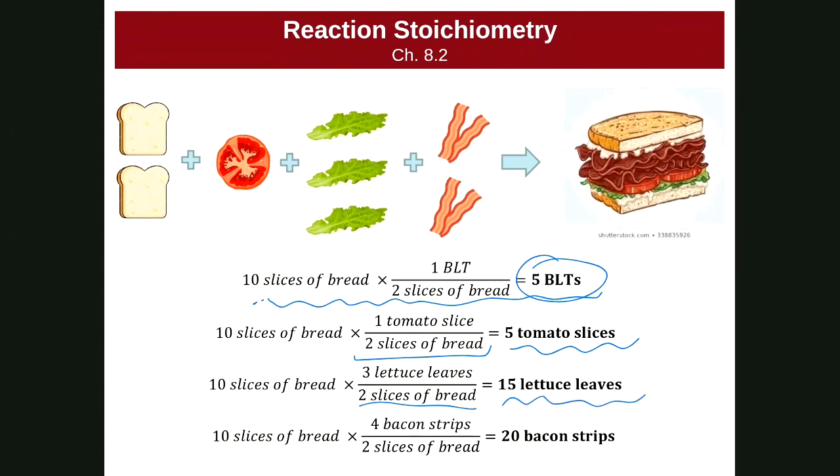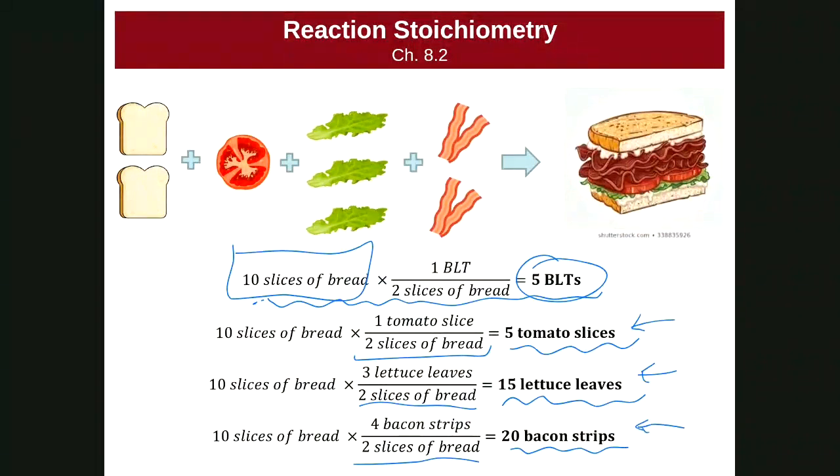And finally, 10 slices of bread times our ingredient ratio of bacon to bread tells us we need 20 bacon strips. So to make our 5 BLTs, we not only need our 10 pieces of bread, we also need 5 tomato slices, 15 lettuce leaves, and 20 bacon strips.